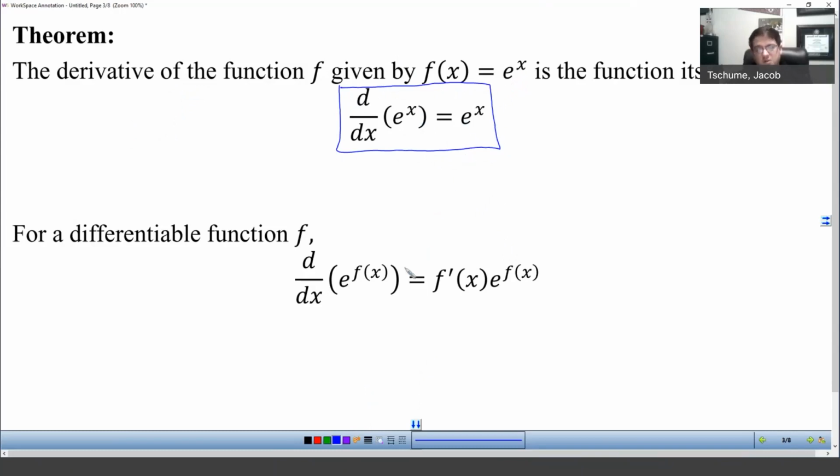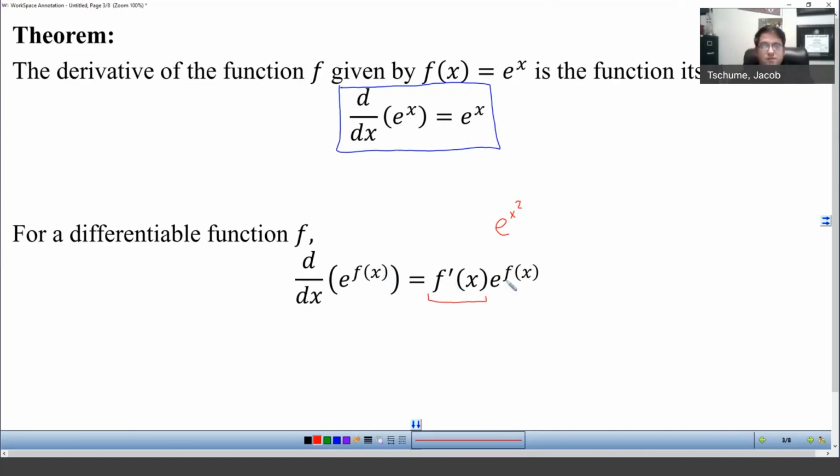Where you have to do a little bit of work is when the power of e is something other than x. So if you were asked to take the derivative of e raised to a function of x that's not x, like if it was e to the x squared, this rule would apply down here. To take the derivative of e raised to f of x, you will take the derivative of the power, which is f prime, and that will come to the front.